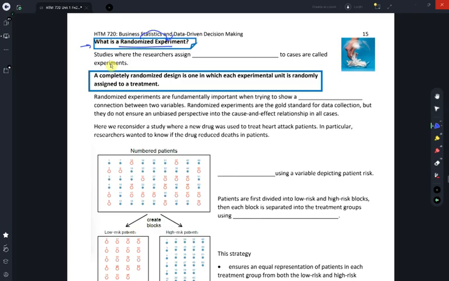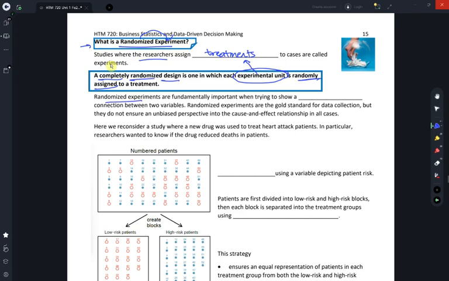The first hallmark of a randomized experiment is that researchers assign the treatments that they are introducing as intervention to cases in a random way. So, a completely randomized design is one in which the experimental units who will be receiving the treatments receive different treatments but based on a random selection process.